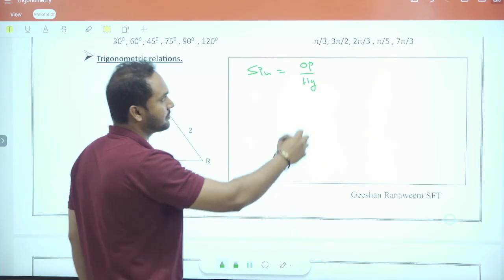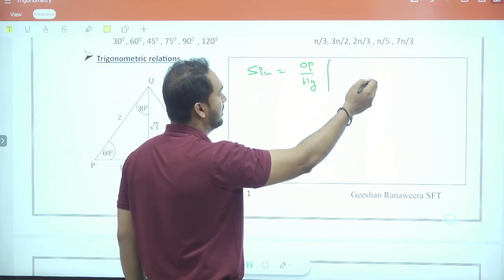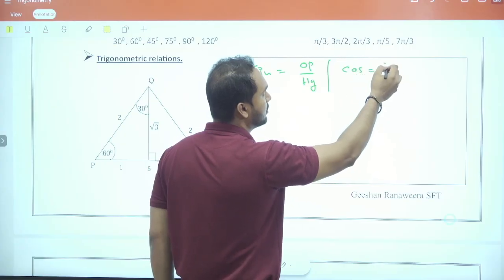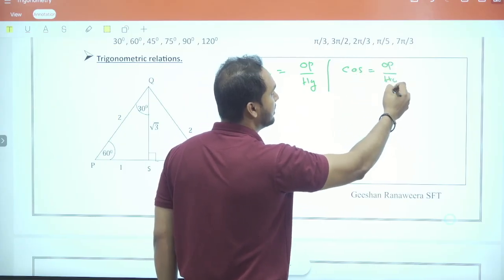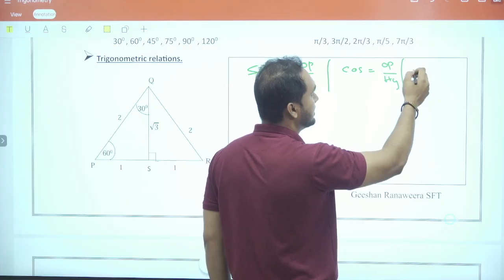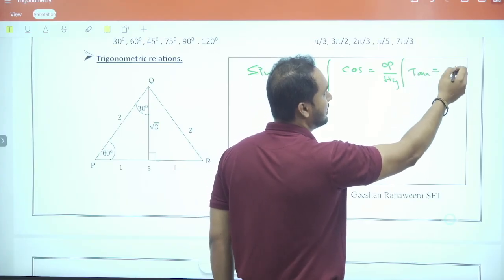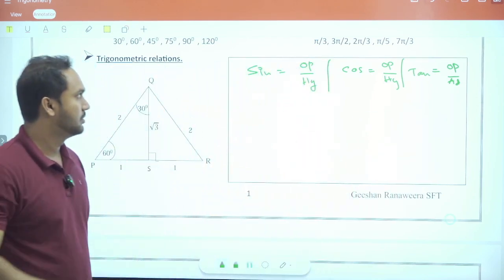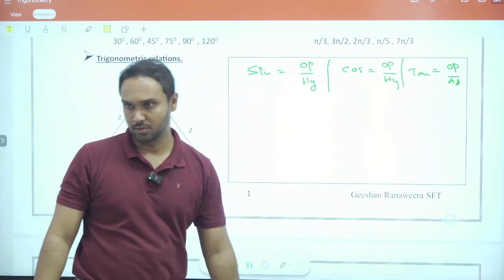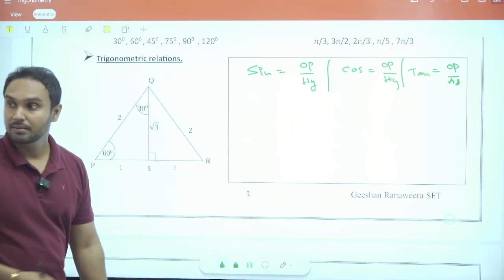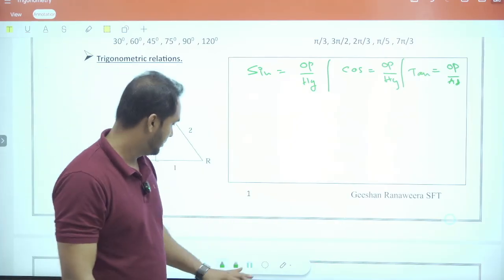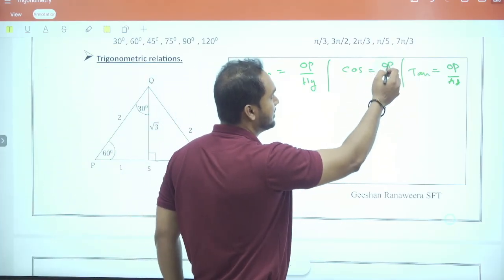Sine is opposite over hypotenuse, cos is adjacent over hypotenuse, and TOA, the tan, is opposite over adjacent. SOHCAHTOA. Sorry, cos is adjacent over hypotenuse.